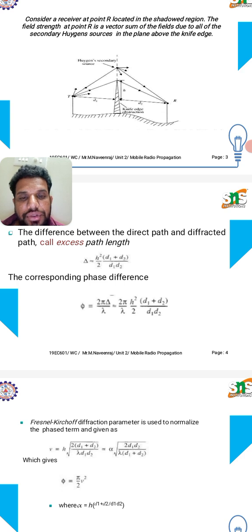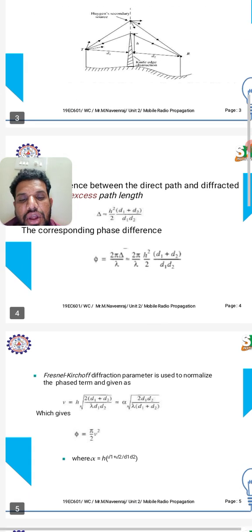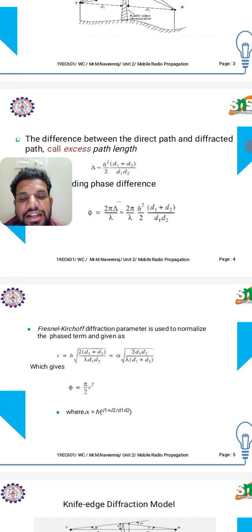If you substitute the excess path length value del, you will get the phase difference, that is 2 pi by lambda into h square by 2 into d1 plus d2 divided by d1 d2. Here the Fresnel-Kirchhoff diffraction parameter is used to normalize the phase term and is given as v equal to alpha root of 2 d1 d2 by lambda into d1 plus d2.